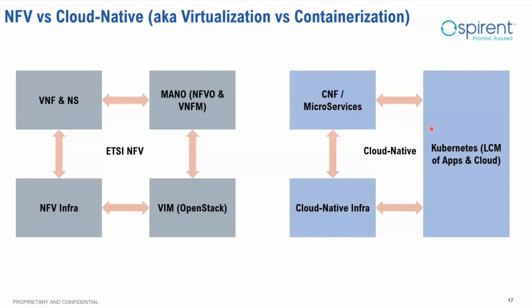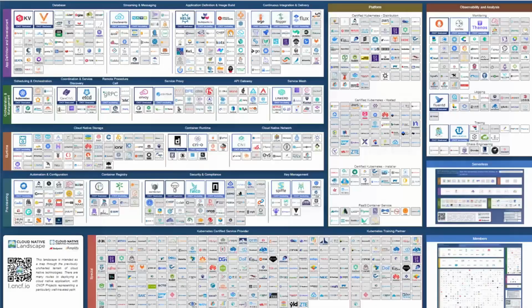So this is Kubernetes and cloud native. Kubernetes is not cloud native. Kubernetes is part of cloud native. Cloud native is, if you go to CNCF, Cloud Native Computing Foundation, look for the landscape, search for CNCF landscape in Google.